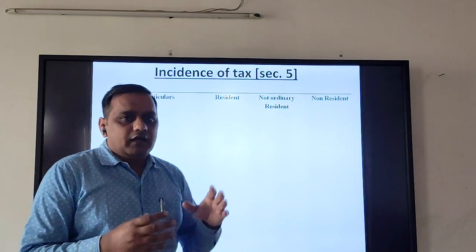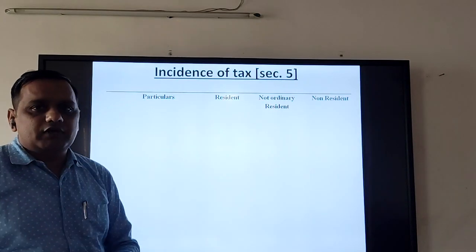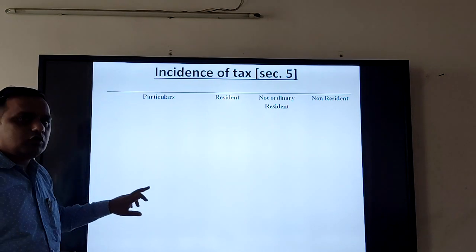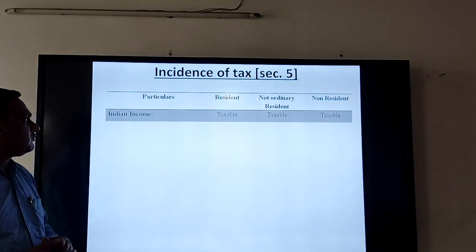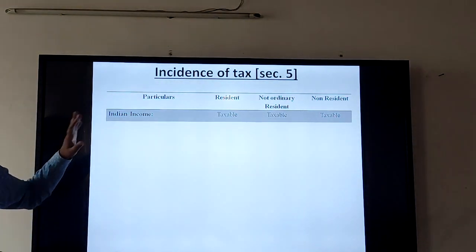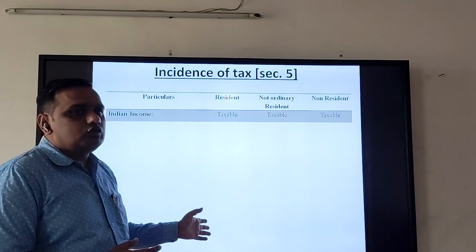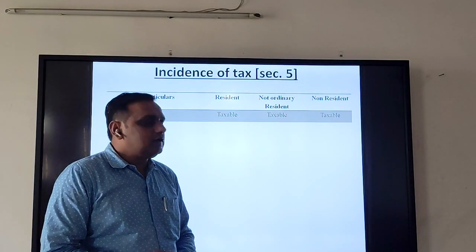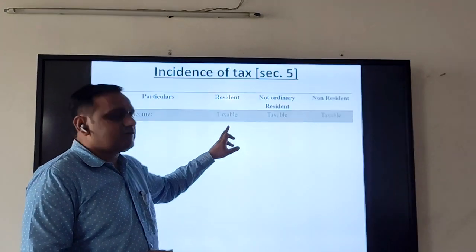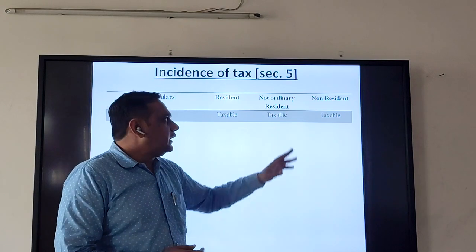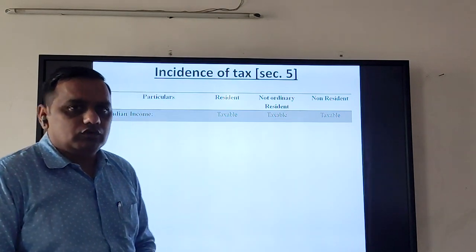And we understood that there are two types of income, Indian income and foreign income. So this chart tells us how to treat each type of income. Indian income is taxable. It has nothing to do with the residential status of a person. That is, it is taxable for residents, for not ordinary residents, and for non-residents also.